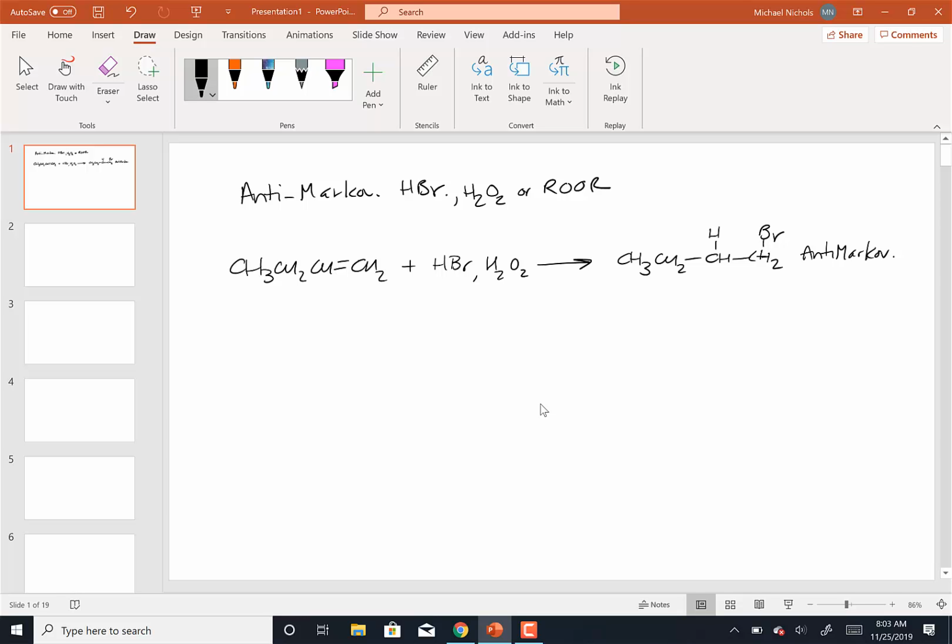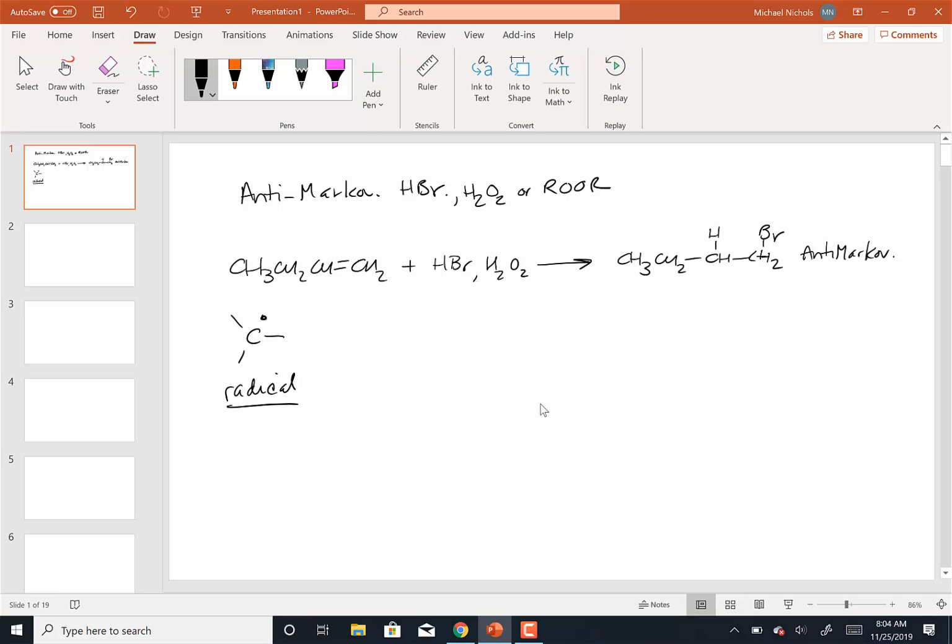What is a radical? A radical is when a carbon has an unpaired electron. Okay. So instead of losing both electrons of a pair like it does in an SN2 or SN1 reaction, it only loses one electron. And so this is a carbon radical.